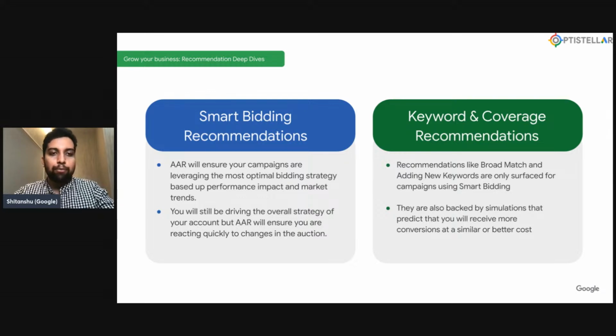So, for example, if you have opted into TROAS and TCPA and maximize conversions as bidding strategy, what happens is that as a natural progression, if I'm currently on manual CPC, just hypothetically, as soon as I have enough conversions recorded, it will put my campaign on maximize conversions, because now it will try to maximize conversions for my campaign.